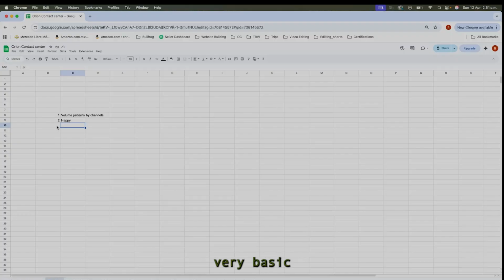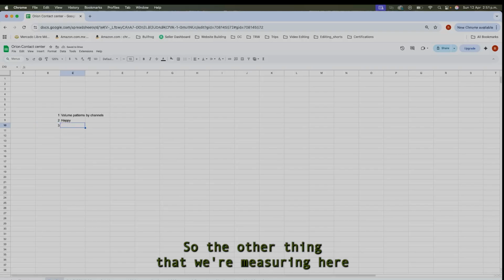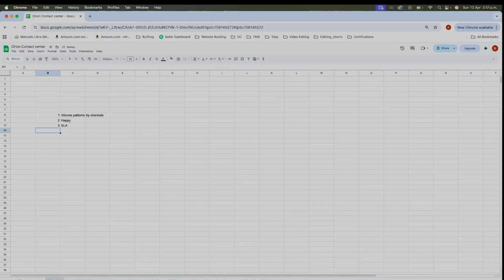That is a very basic way that I think is easy to understand. The other thing that we're measuring here is the service level, whether we are meeting our targets. Through the analysis, we are gonna see that we are basically not handling the interactions very well.